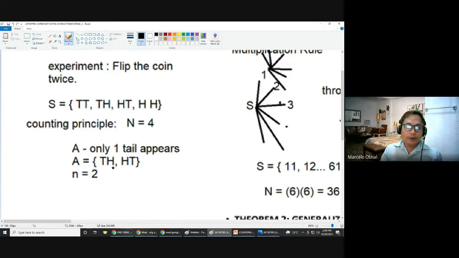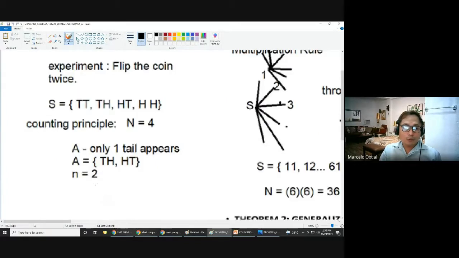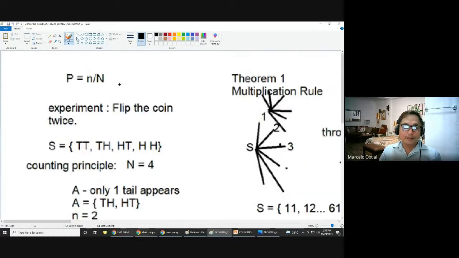So therefore, if we enumerate or list down all the elements, ito yung kanyang elements under that event. Now, we will count. 1, 2. That is why small n is equal to 2. If you will be asked what's the probability of getting only one tail, ito yung kanyang magiging solution. 2 over 4. That is 1/2 or 0.5 or 50%.